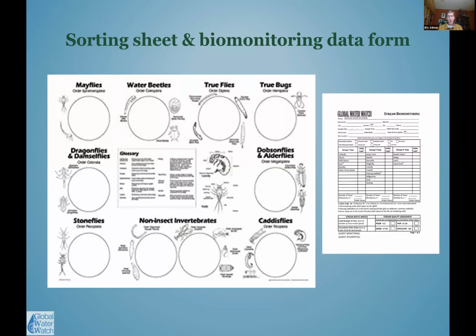We use a sorting sheet just to help us group what we're finding. And so we'll put little dishes in each of these spots on the sorting sheet and set this on a table. So as we find different creatures, we'll put them into the different categories. And then when we're done, we're going to record how many we found of the various different taxa on our biomonitoring data form.